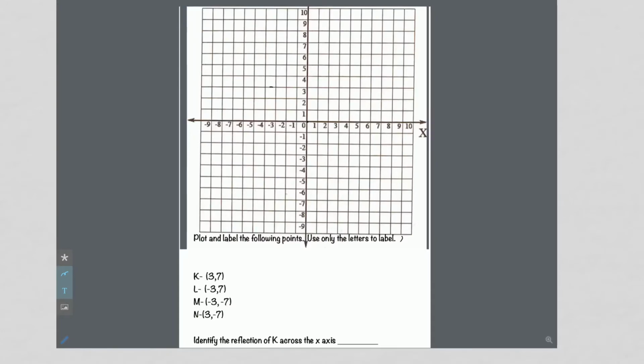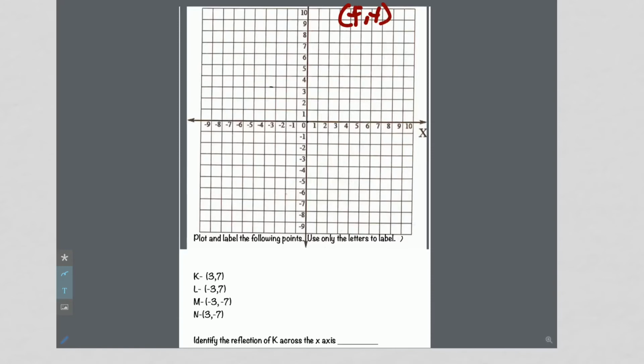Okay. Another thing you're going to have to do is plot the points. So here we have points that need to be plotted. K. So here is K. K needs to be plotted. And again, I'm just going to very quickly orient myself. I did this all the time when I was learning how to graph.